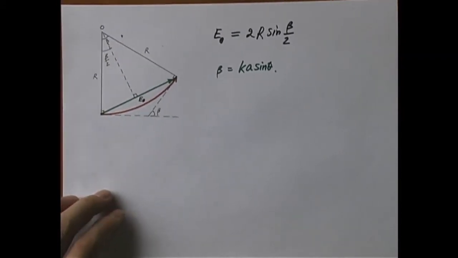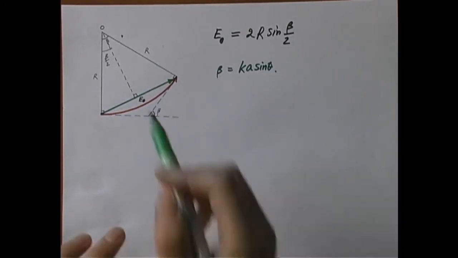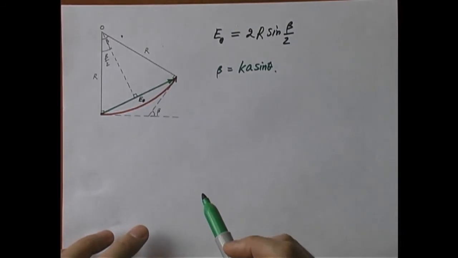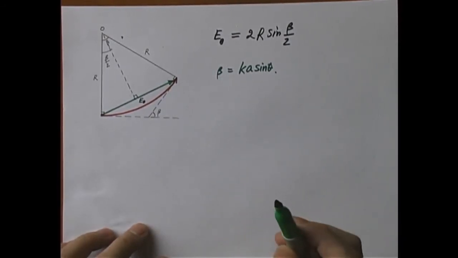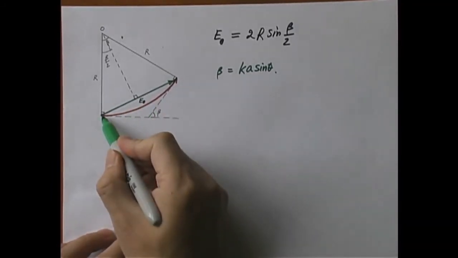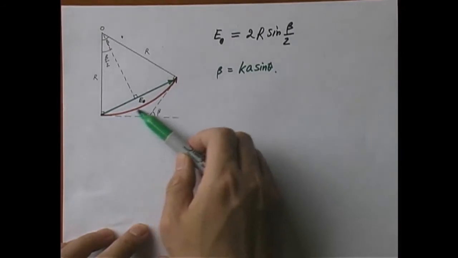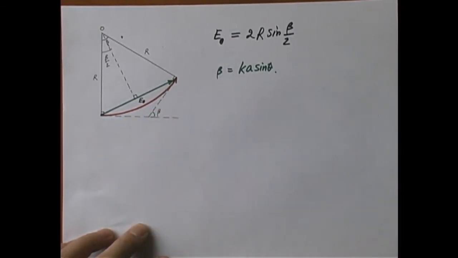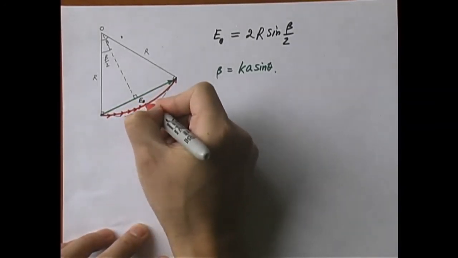Okay, now the tougher question is, what is the radius r? Now, I don't know what r is, but one thing I do know is that if you take a closer look at the length of this arc, this part of a circle, right? And this circle actually is made of tiny, tiny dEs. All these dEs.